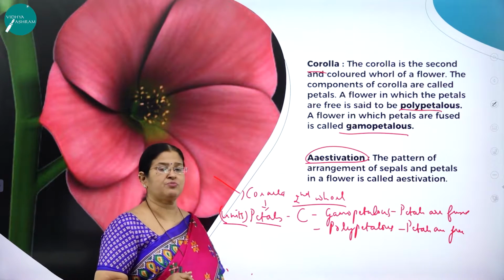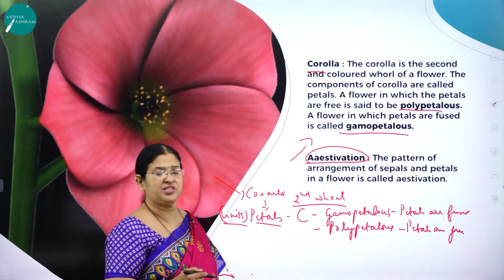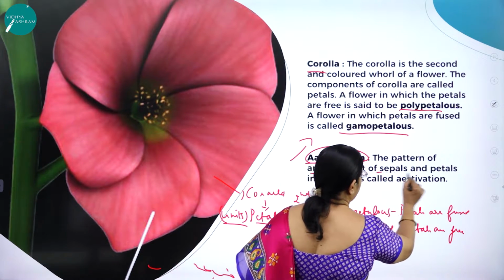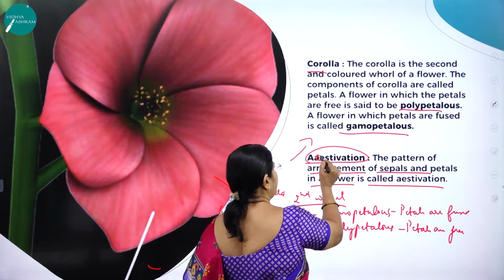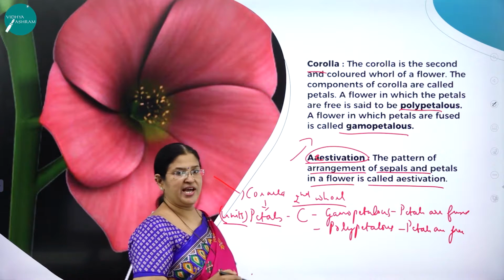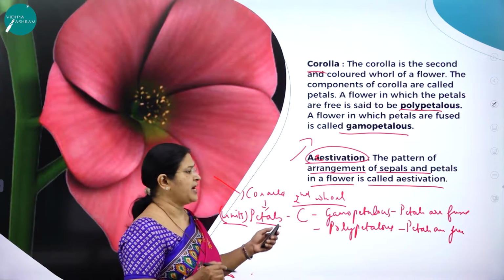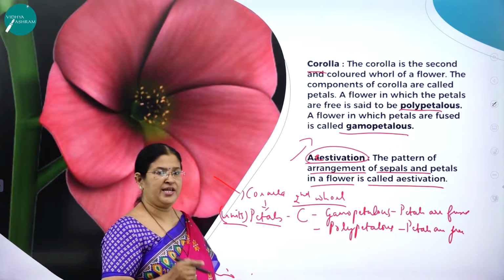It is based on this very important concept called estivation. What is estivation? The pattern of arrangement of sepals and petals in a flower is called estivation. A-E-S-T-I-V-A-T-I-O-N.